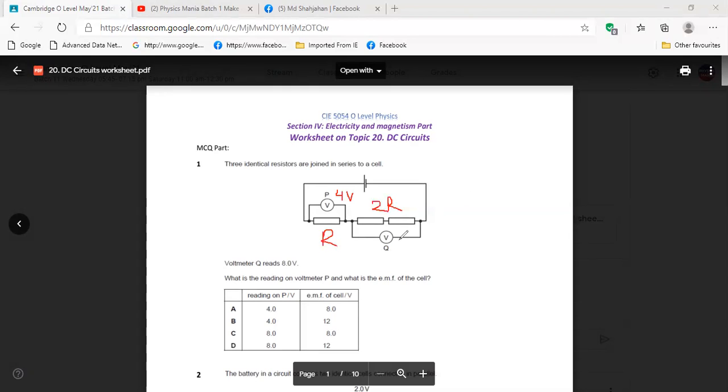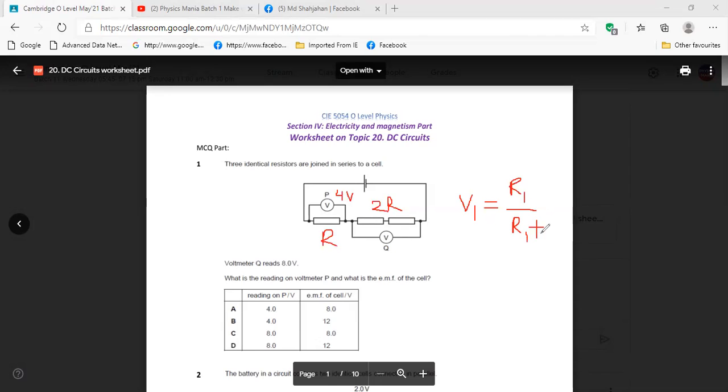Yes, sir. If you have the formula, you can remember this one. V1 equals R1 by R1 plus R2, multiplied by V. Am I right?